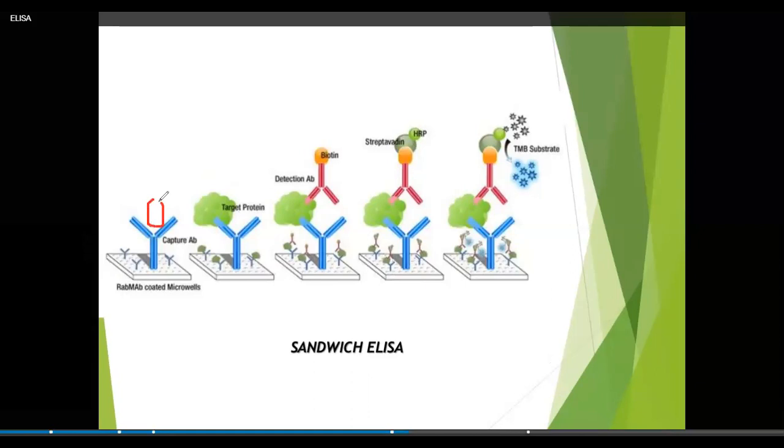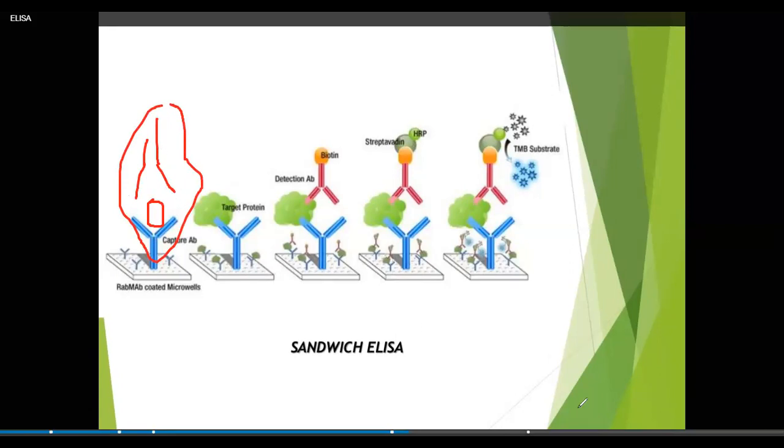This is antigen, this is antibody, and there will be another antibody which is bound to this antigen. So it is a sandwich in which an antigen is sandwiched between two antibodies. So it is a sandwich ELISA technique.